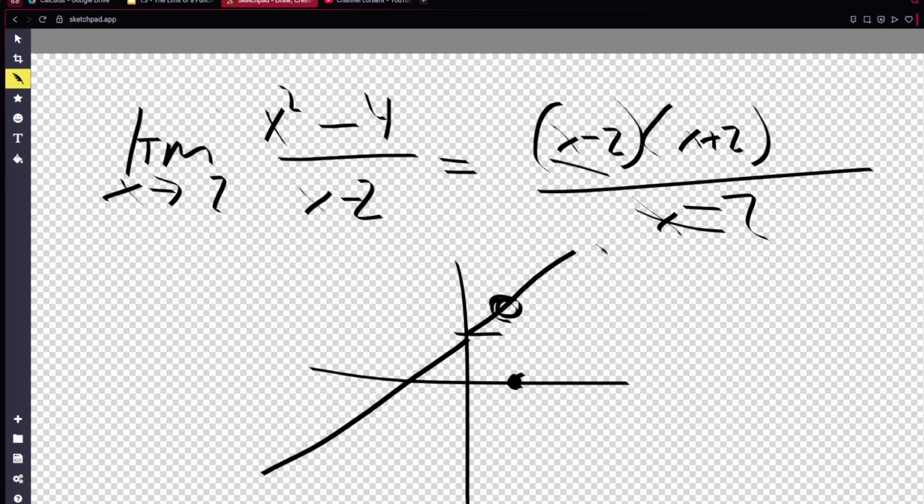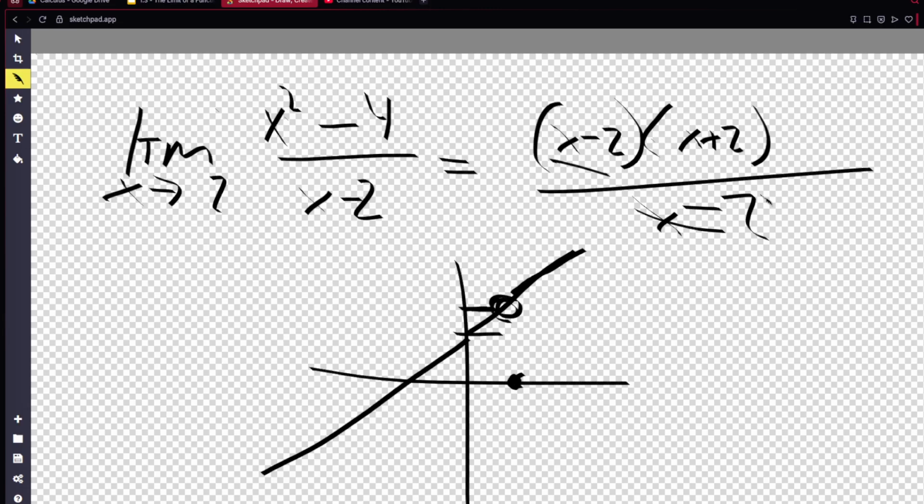So if we approach 2 from the right side, guess what happens? We come over here, and let me think. Sorry. Wait a second. I'm looking. Something is off here.